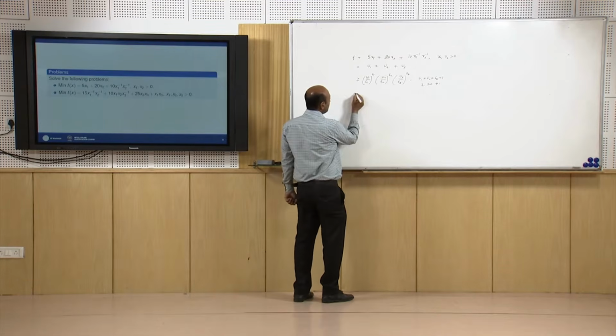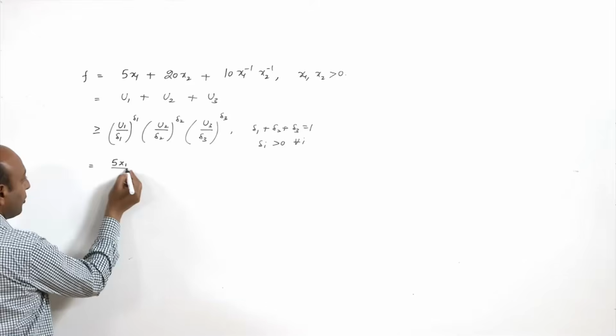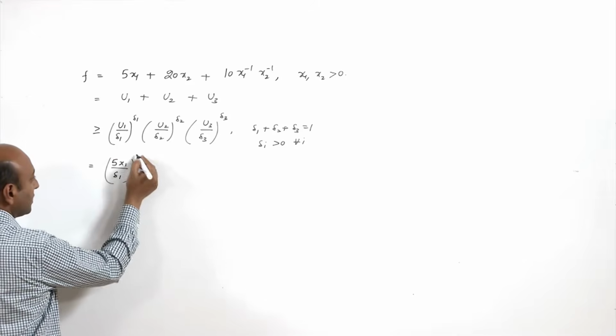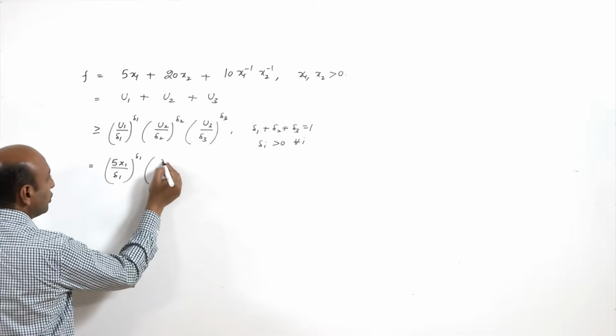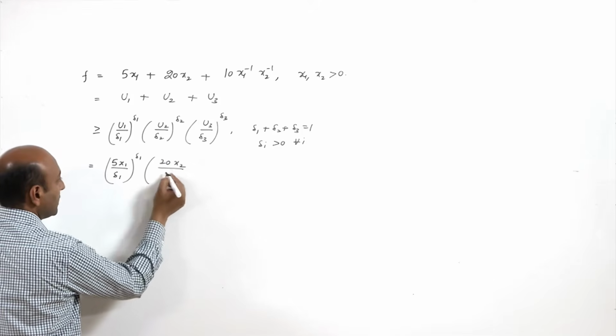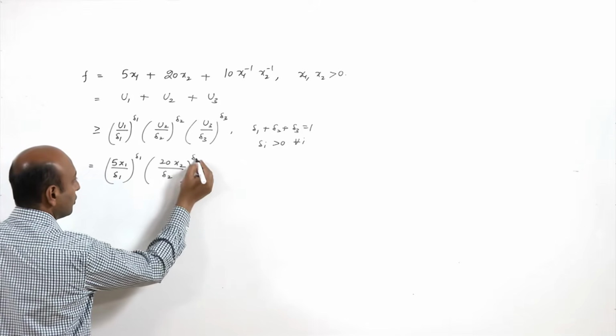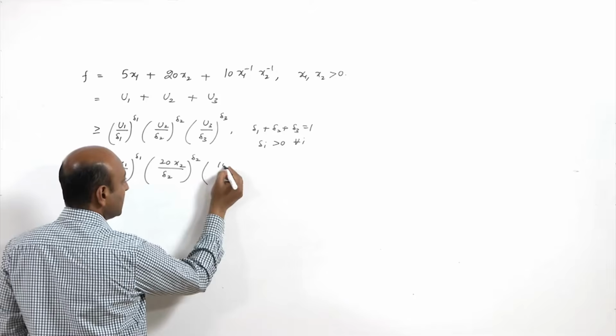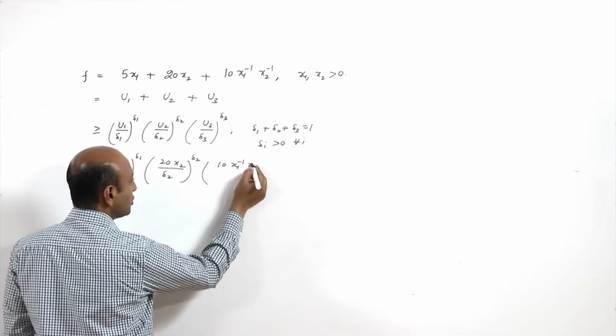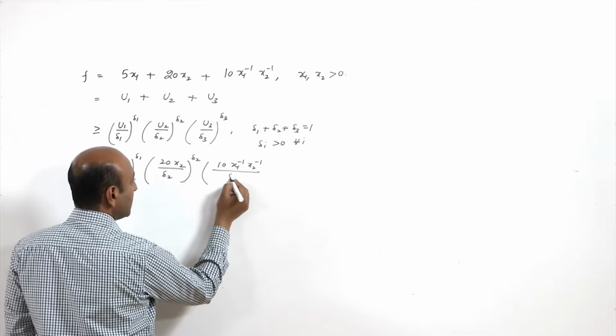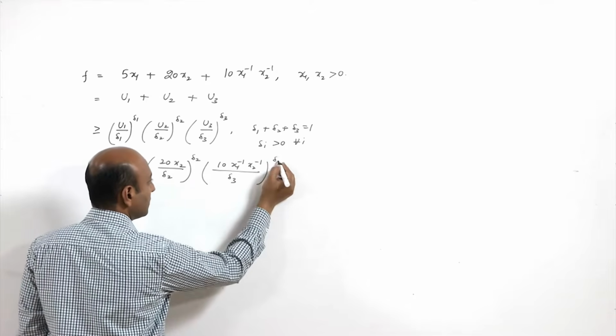Now, this is equal to, what is u1? u1 is (5 x1 upon delta 1) whole raised to power delta 1. What is u2? (20 x2 upon delta 2) whole raised to power delta 2. What is u3? It is (10 x1 raised to power minus 1, x2 raised to power minus 1, upon delta 3) whole raised to power delta 3.